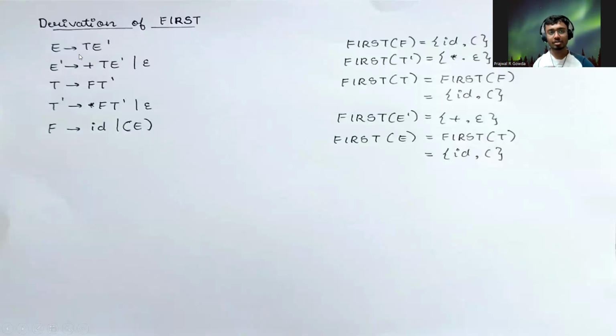So first of E is equal to first of T. First of T is ID, comma, opening parenthesis, which we derived in the earlier step. So now we have derived the first of all the non-terminals.